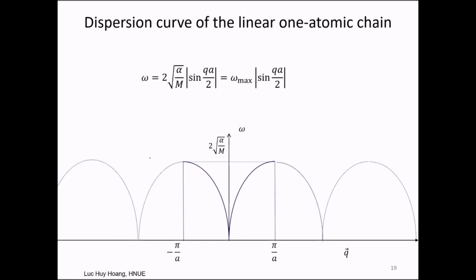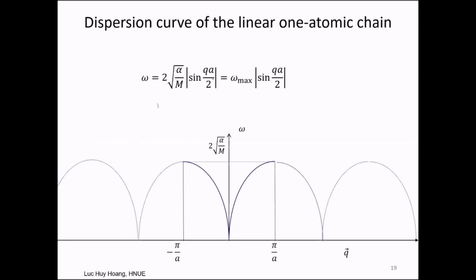Okay, so this is the equation we had before. We call this the dispersion curve for the linear one-atomic chain. So the dispersion curve means the dependence of omega on Q.